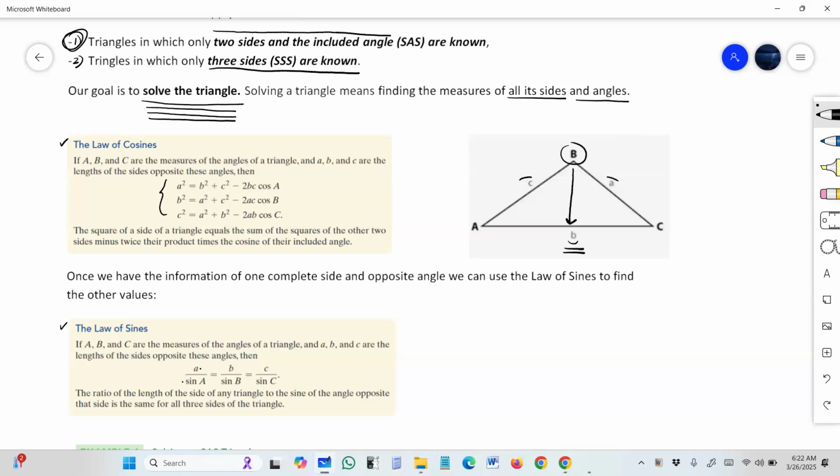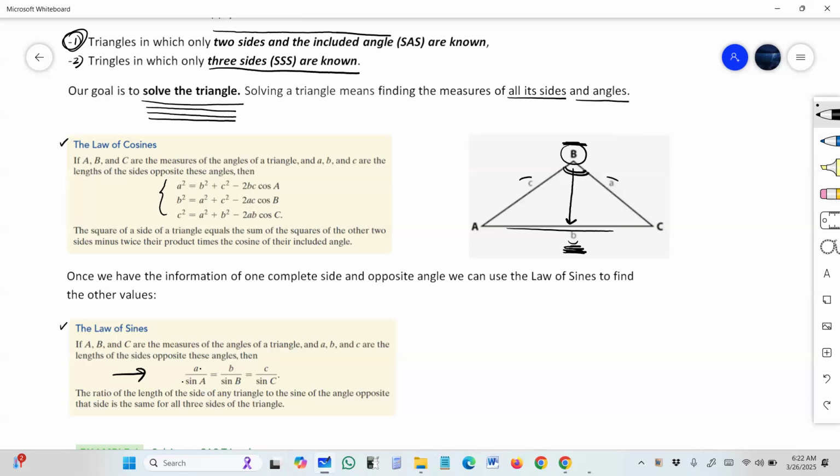Because you remember one of the properties of a triangle is the largest angle is opposite to the largest side, because it makes perfect sense. So once we have that side and the angle associated with it, we go to the law of sines and then we find the remaining values.